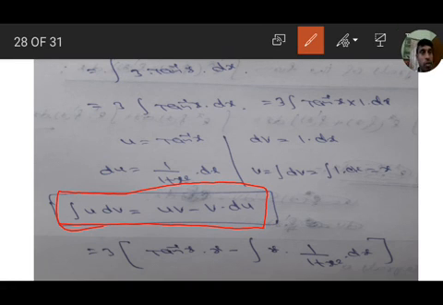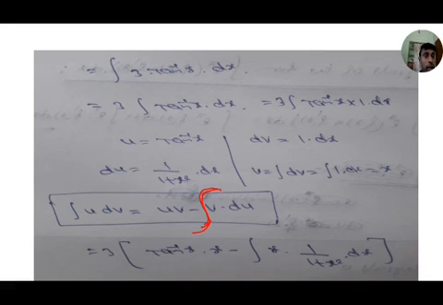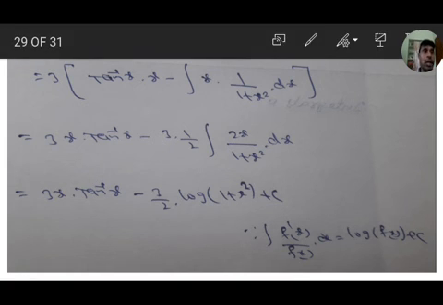With 3 as the coefficient, u is tan inverse x, v is x, minus the integral of v du, that is x into 1 by (1 plus x square) dx.